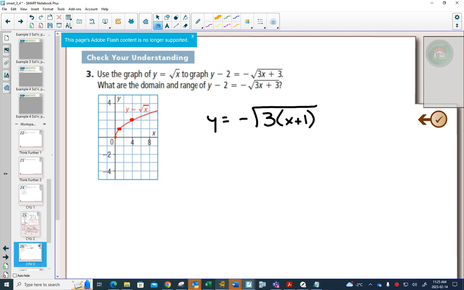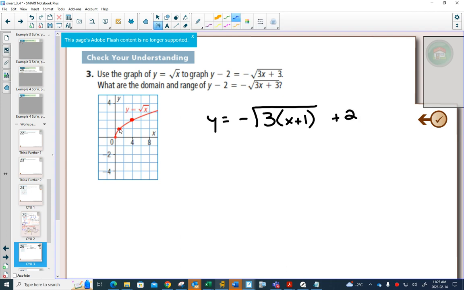So that special note that we wrote at the end of class yesterday says that when you have a horizontal compression with a horizontal translation, you have to write it in factored form. And then I'm moving the 2 over, so there would be plus 2 at the end.